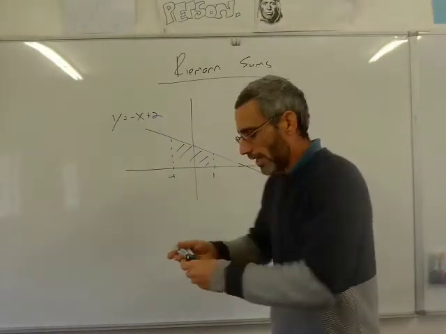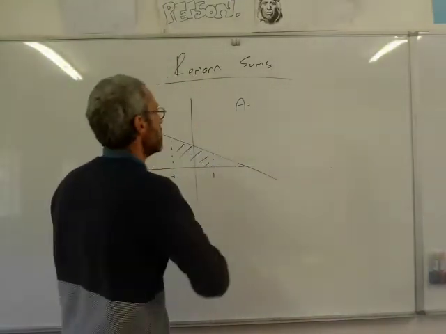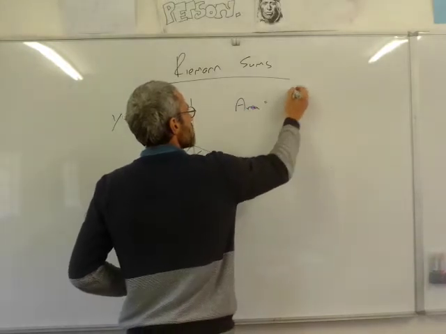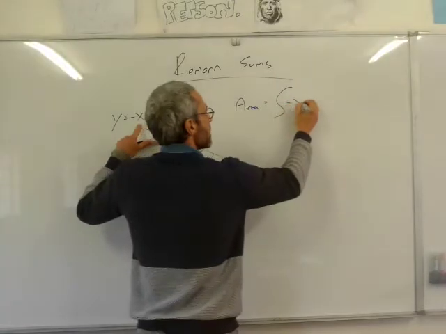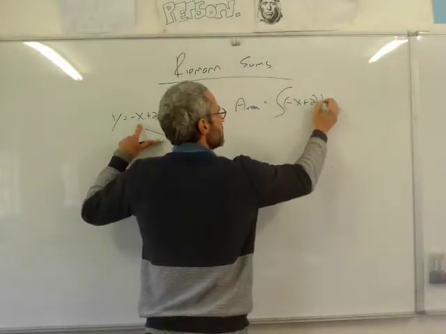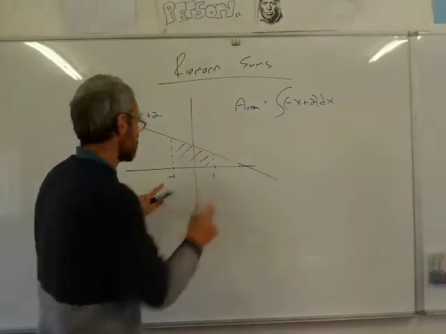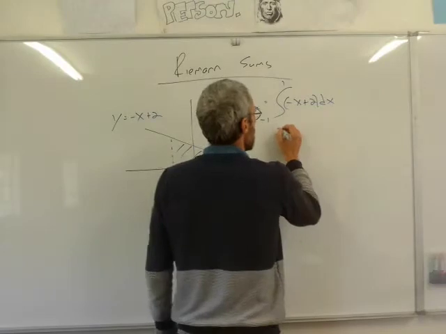Okay? So if we take my instruction from last time, we know that that area is going to be equal to the definite integral of the function minus x plus 2 dx, and then I put the limits, the little boundary, so it's from minus 1 to 1. And then we know how to do that.